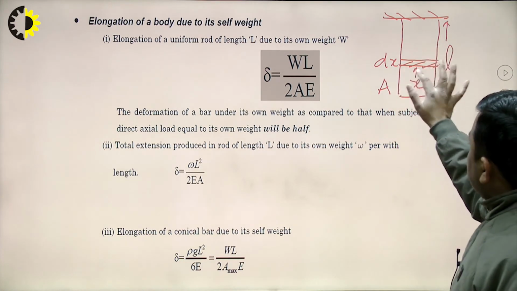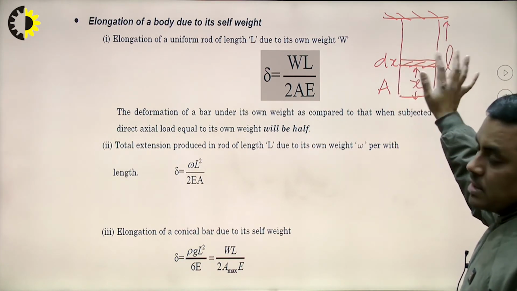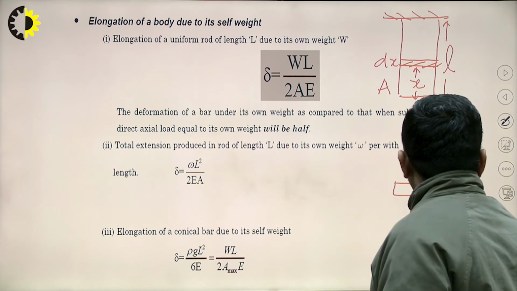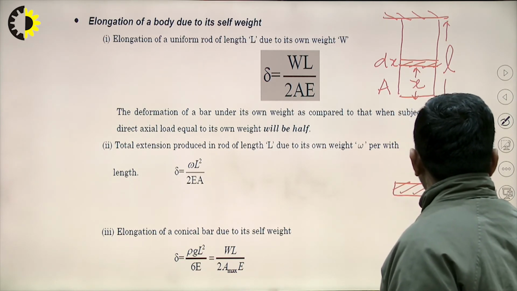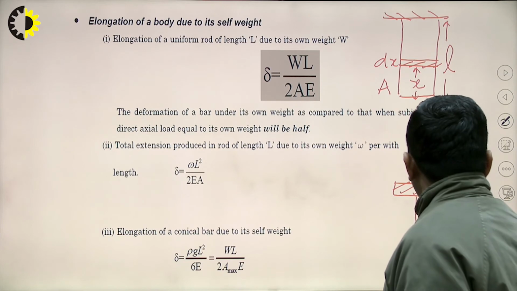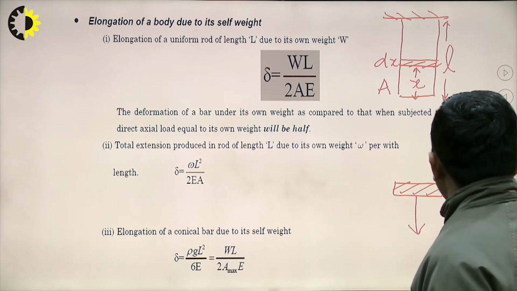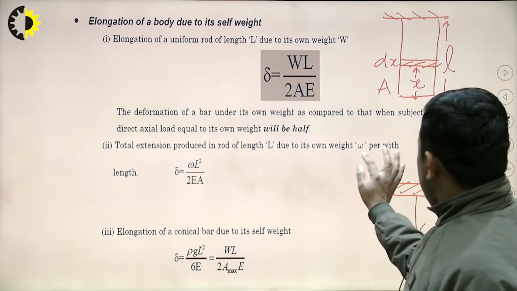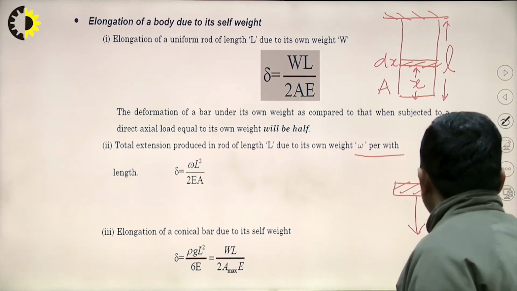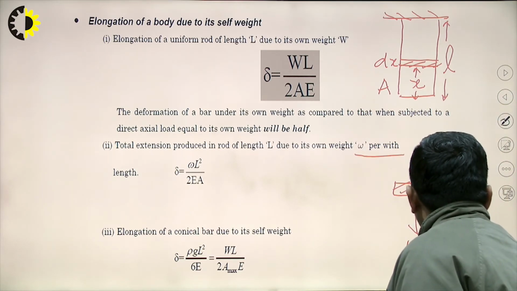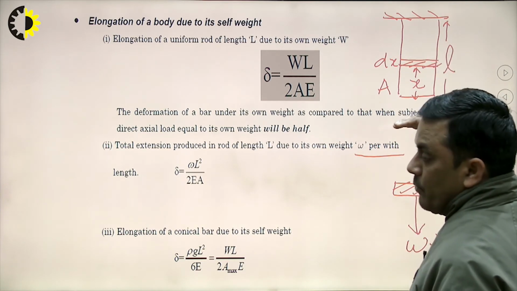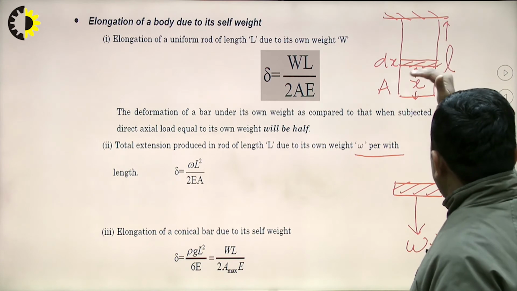So just consider the elongation of this dx element, which I have taken out. It is subjected to a load. If small w is the weight per unit volume, I can write W A x, the weight below the dx element.